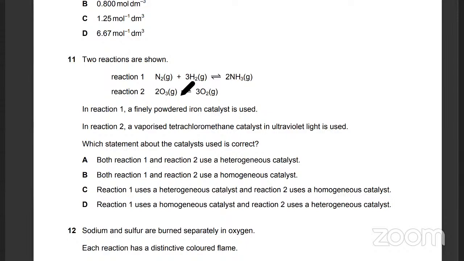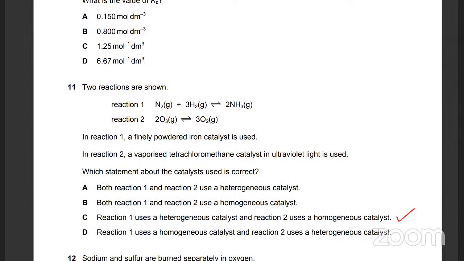But for depletion of ozone, the catalyst is a CFC. Tetrachloromethane is a CFC, and it is probably in the form of a vapor, so that is not a heterogeneous catalyst. So the first option is wrong. Reaction 1 uses a heterogeneous catalyst and reaction 2 uses a homogeneous one. Yes, that looks correct.